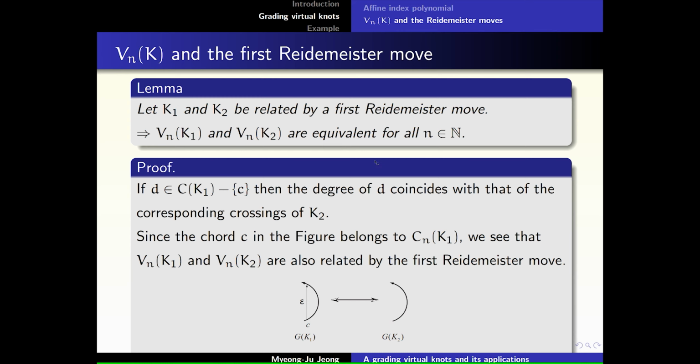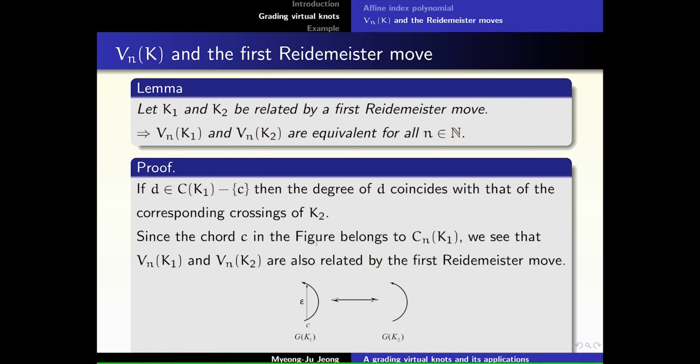Let's briefly see the proof for this lemma. If D is a crossing of K1 distinct from C, then since the chord up here does not intersect with any other crossing, we can see that the degree of D in G_K1 and G_K2 are the same.